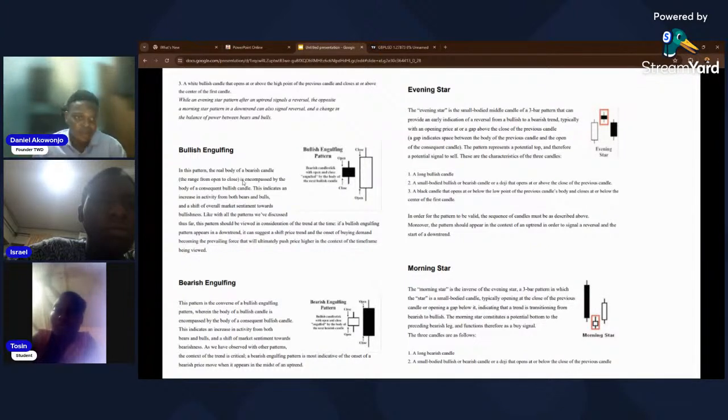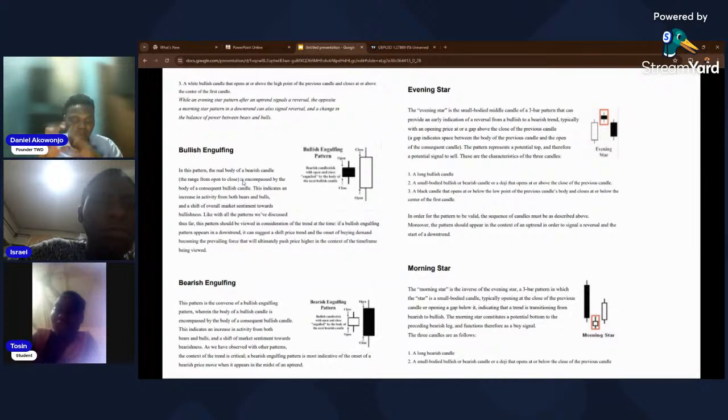Now it's encompassed by the body of a consequent bullish candle. So this indicates an increase in activity from both bears and bulls. It means that both bears and bulls are really active in the market, and a shift of overall market sentiment towards bullishness.